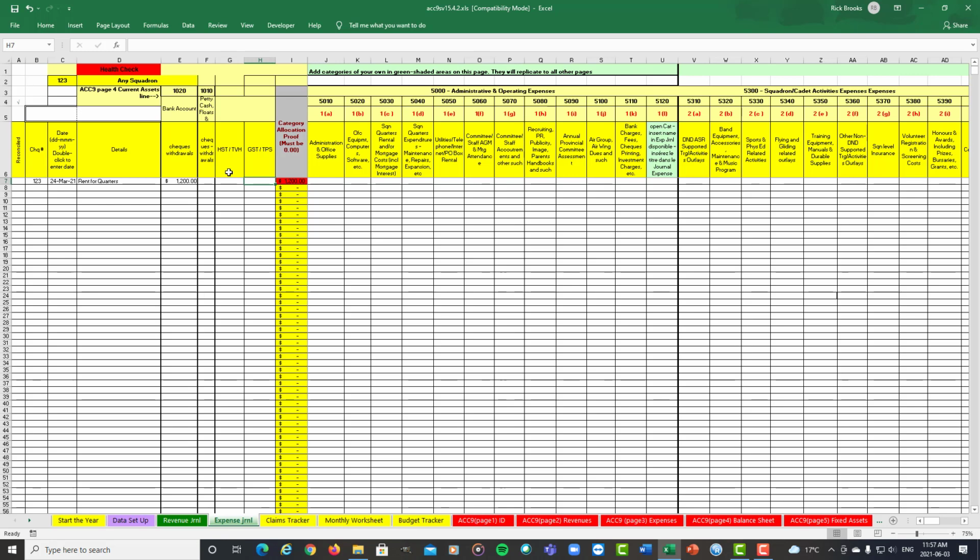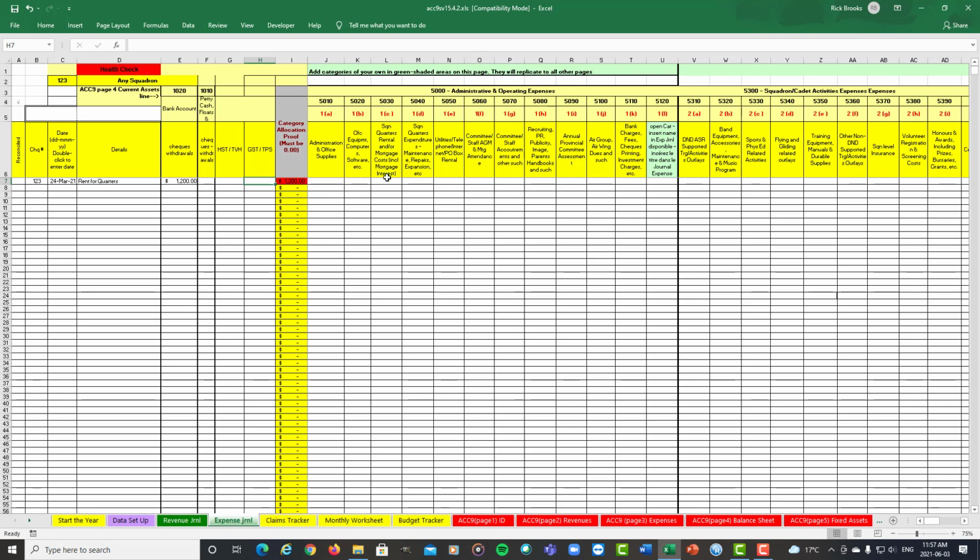And why we keep track of those is that as a registered not-for-profit group or charity, you can claim back certain amounts of provincial tax and GST that you pay throughout the year. So it's very important to keep track of those bits of money. Now, as with the revenue journal, we now have a red showing up in the category allocation.